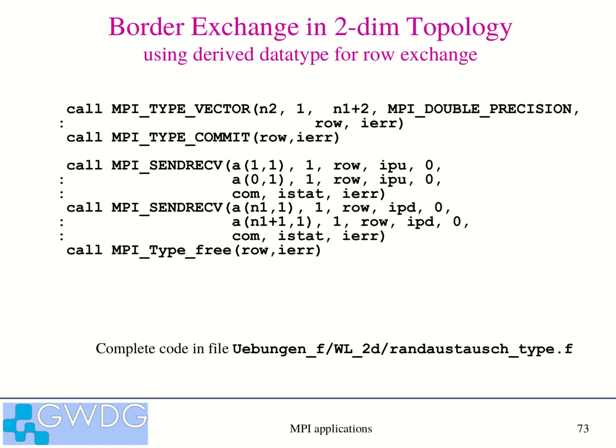And then I call this type row, I commit it, and then I just send the row. I send one piece of row beginning at this address, and I receive one piece of row starting at this address.